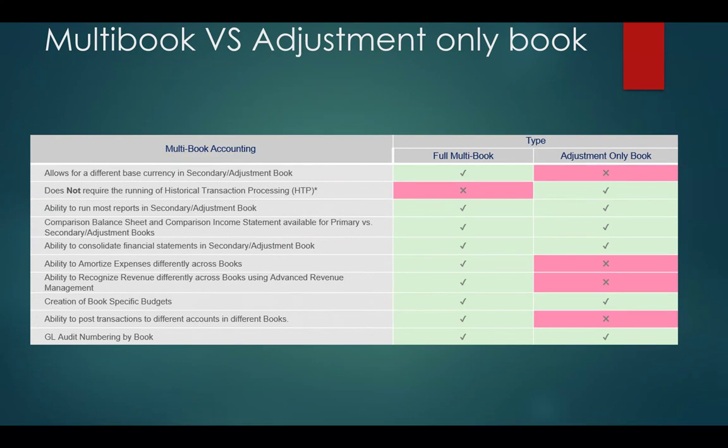Comparison balance sheet and comparison income statement for primary versus secondary adjustment book can use the adjustment as well as multi-book. The ability to consolidate financial statements in secondary, you can use the multi-book. The ability to amortize expense differently across books, of course, is multi-book, and the same for revenue recognition. Creation of book specific budget is available in multi-book and adjustment. The ability to post transactions to different accounts in different books is only available in multi-book. Audit numbering by book, you can use the adjustment book as well as the full book.